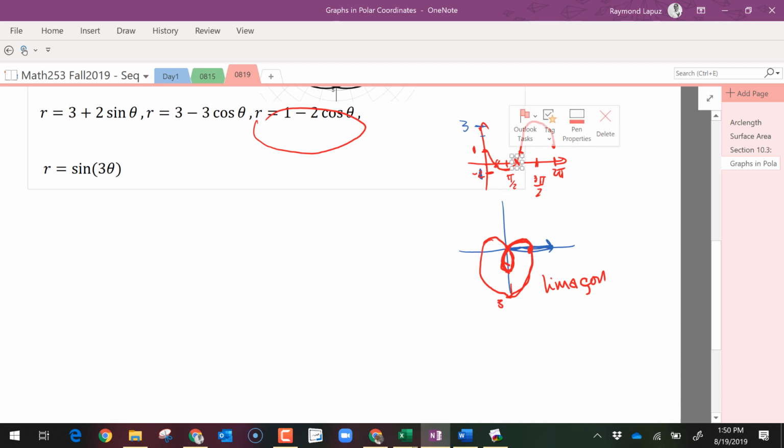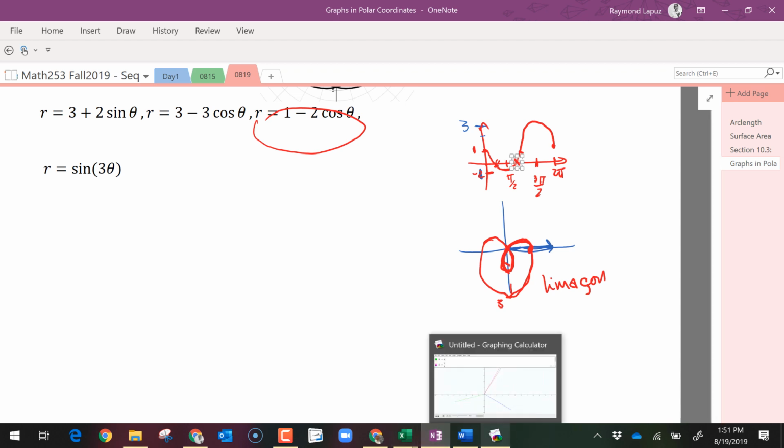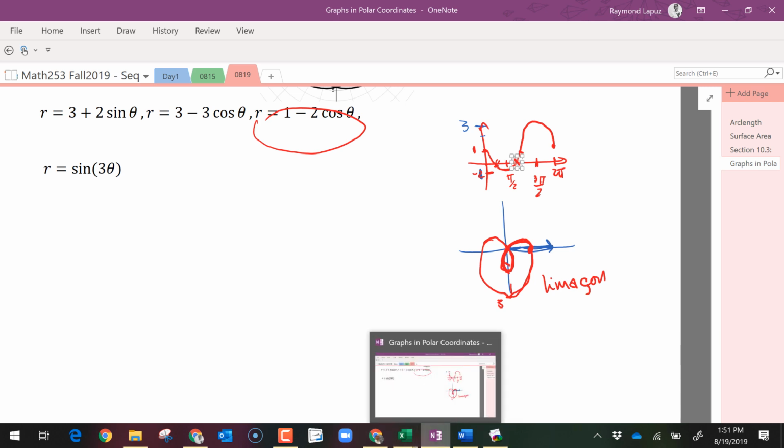Oh, this is a cosine graph. I mean a sine graph. This is a sine graph. Sorry, my bad. I'll have to change that in the notes. So anyways, the cosine is actually a sideways cardioid or limaçon, and then the sine is up and down. So I don't know why I didn't catch that.